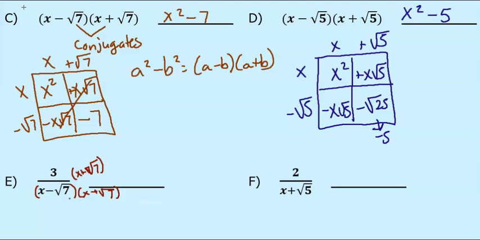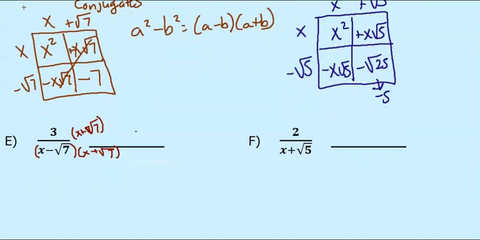Since we're dealing with squares here, it'll be a difference of squares. So, from C, we already know that the denominator will be x squared minus 7. We'll distribute the 3 into each of those to get 3x plus 3 square root 7.